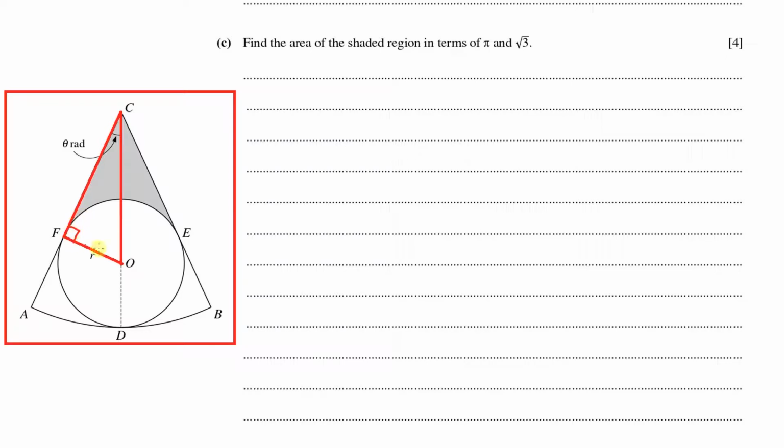So what we need to do first here is to calculate the area of triangle FOC. For the area of triangle FOC, we can say half times the base times the height. So that would be half times the base, which is FO, times the perpendicular height, which is FC.